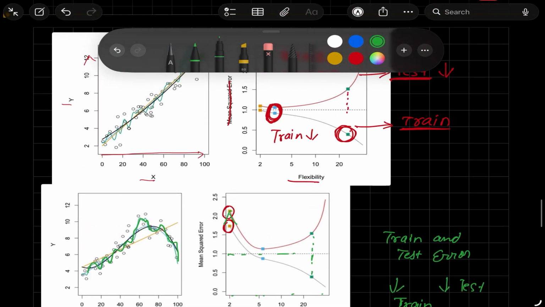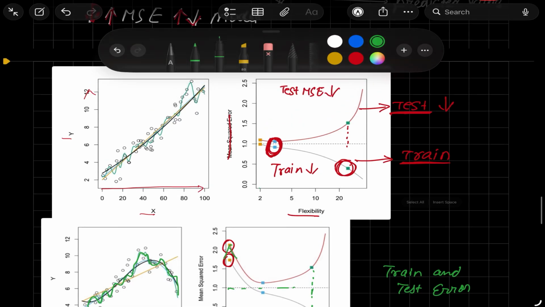Which means as the flexibility increased, it tried to capture all the patterns, which resulted in a very low error, which means low bias. But is it the pattern that we wanted to capture? No, absolutely not. How can we say that this is a good model?